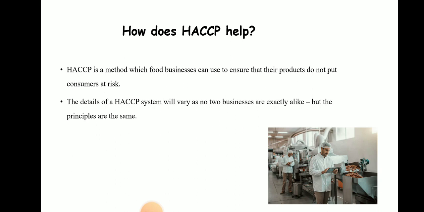So the steps involved differ, but the overall principle behind HACCP will be the same in all manufacturing units. Also, the application of HACCP in a food business or a lab is compatible with implementing quality management systems like the ISO 9000 series.